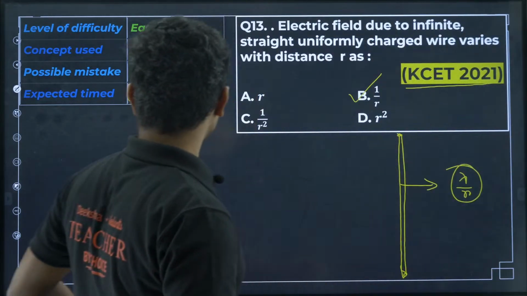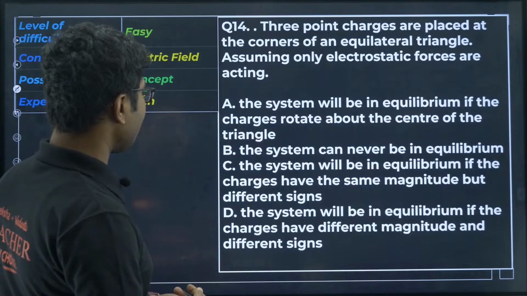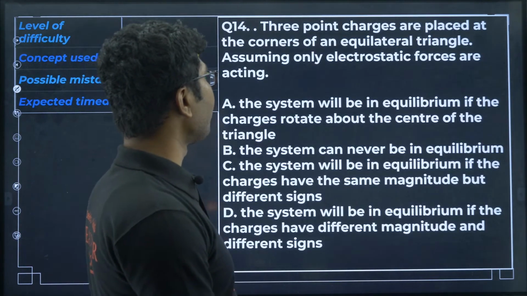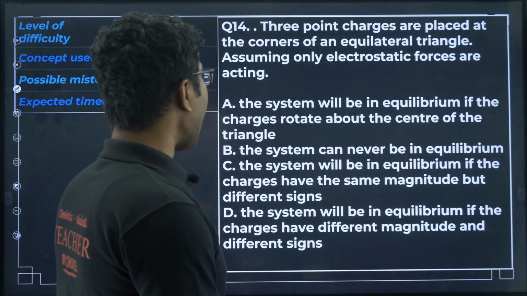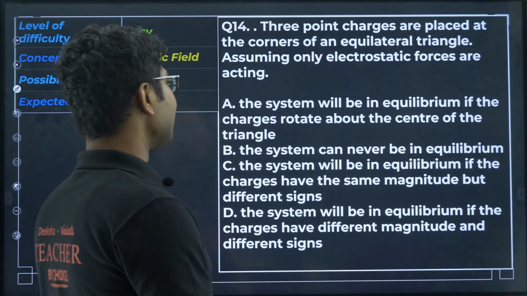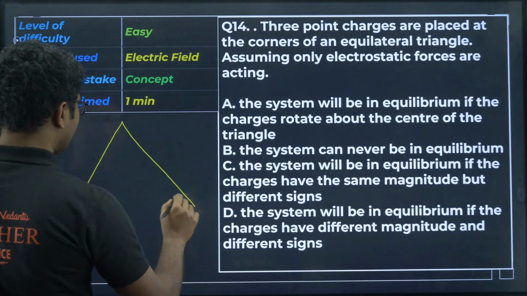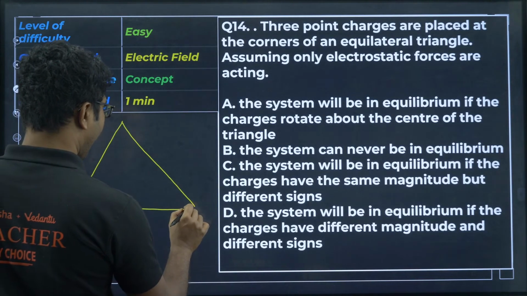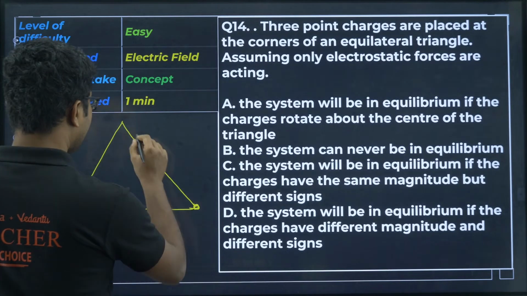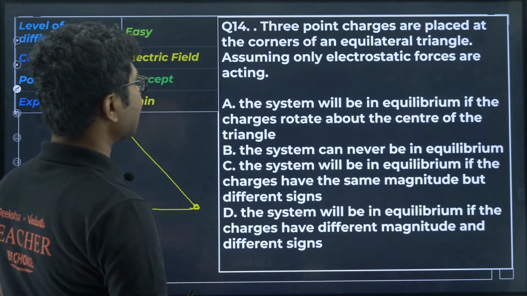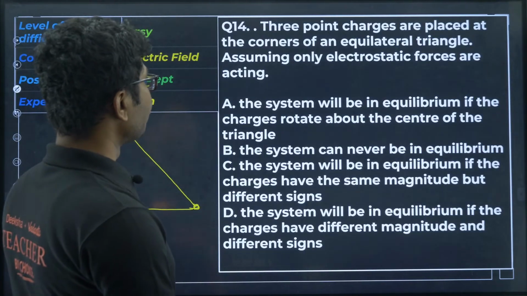Right. Now let's move on to the next question. Question number 14. 3 point charges are placed at the corners of an equilateral triangle.